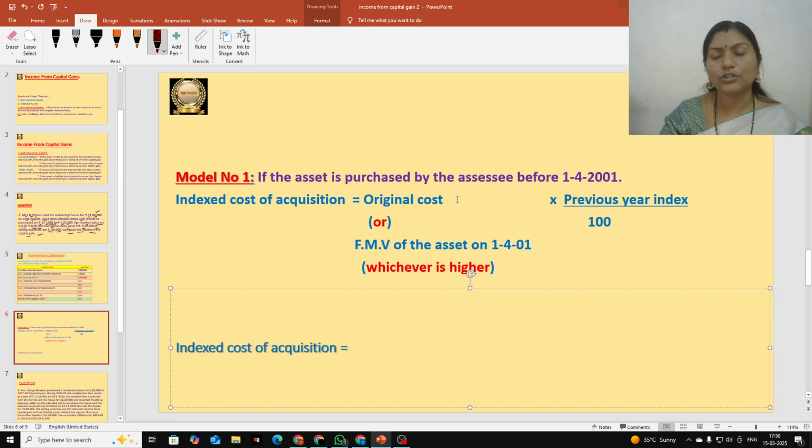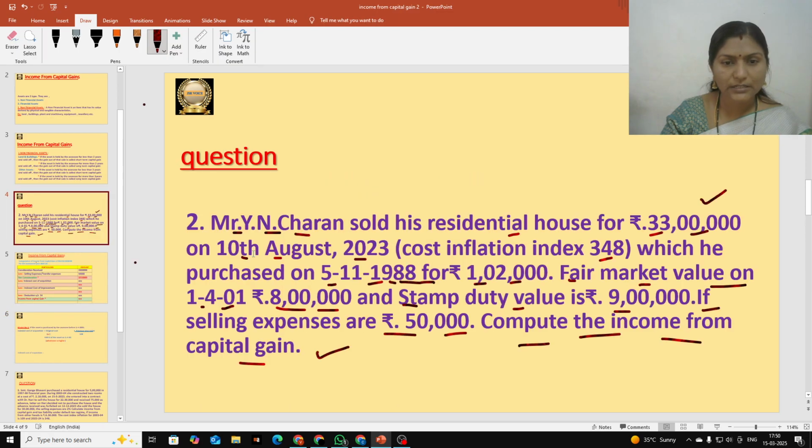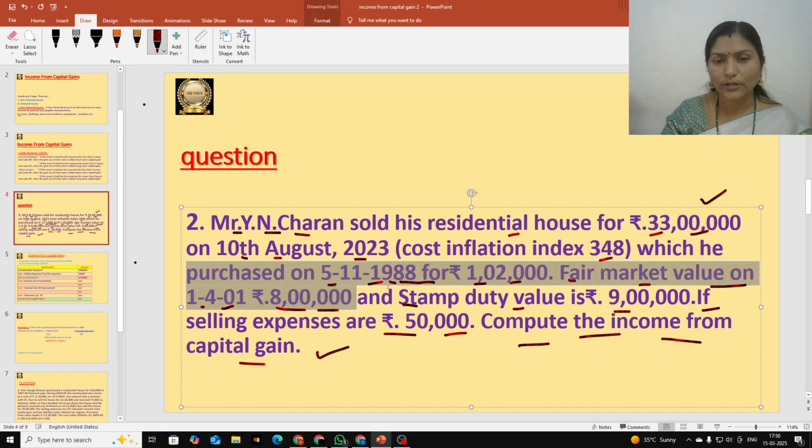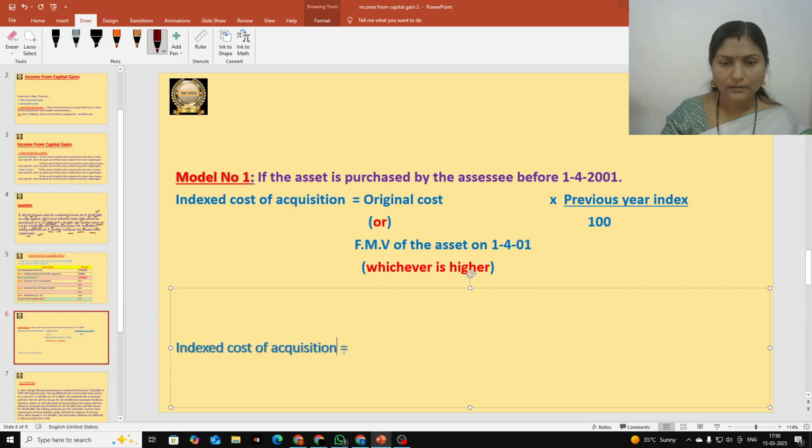We should take original cost. What is the original cost? Purchasing price of the asset, that is 1,02,000. He purchased it for how many rupees? 1,02,000. Let us take 1,02,000 there.